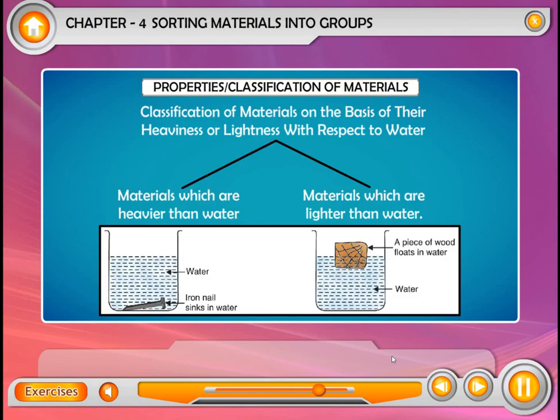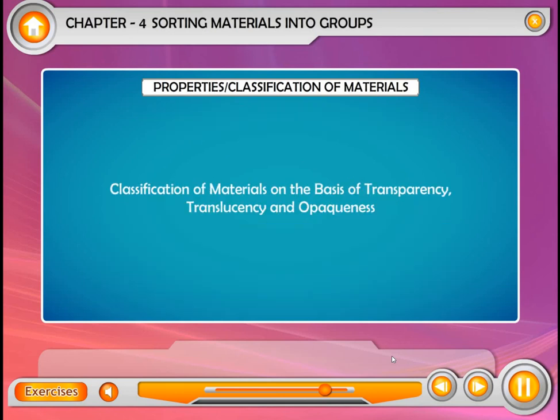4. Classification of materials on the basis of their heaviness or lightness with respect to water. All the materials can be classified into 2 groups on the basis of their density: 1. Materials which are heavier than water, and 2. Materials which are lighter than water. 5.